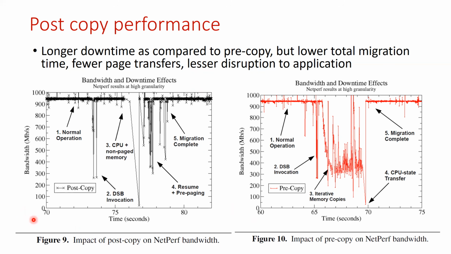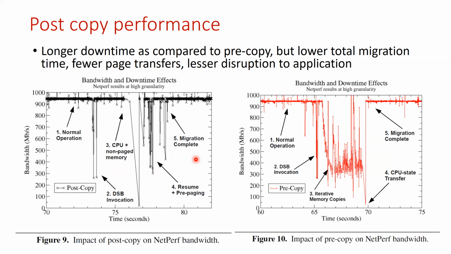In post-copy, you can see that there are some disruptions to the application performance when you initiate migration, some dynamic self-ballooning is done, right? And then there's a small disruption due to the stop and copy phase. And once you resume at the target, due to all the page faults, there is some impact on performance. And finally, the migration completes and everything is back to normal.